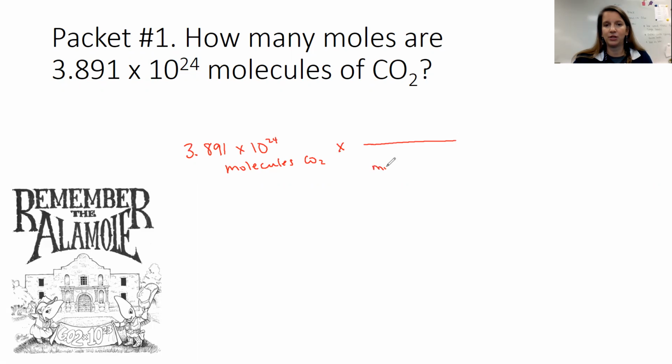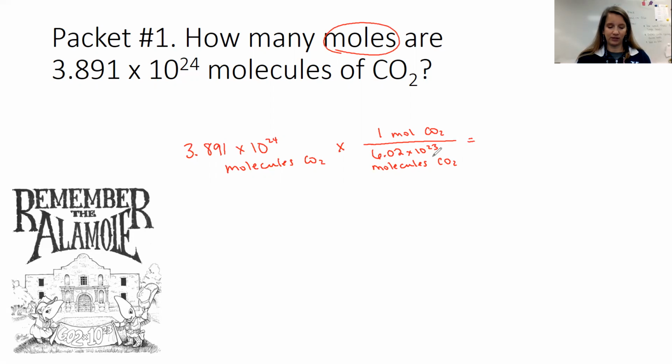So we have to put molecules of CO2 down here. And the number that's going to go with molecules is going to be our Avogadro's number, 6.02 times 10 to the 23. We know that 6.02 times 10 to the 23 molecules of CO2 is going to be equal to 1 mole of CO2. And since we're looking for moles for our answer and we have moles up at the top of our conversion factor, we're done setting up our problem and we can go ahead and solve.